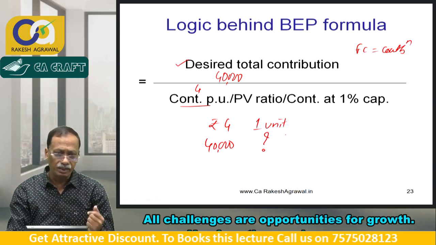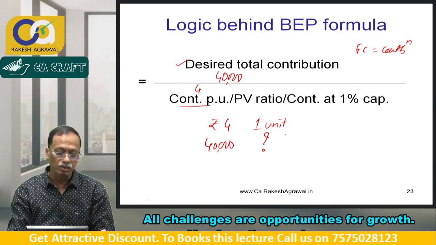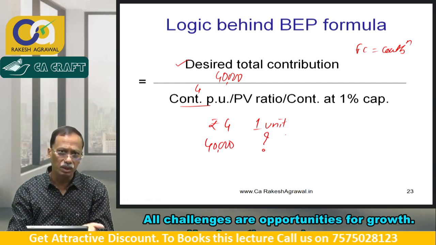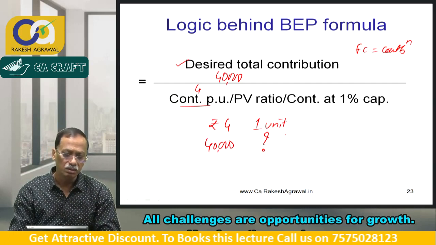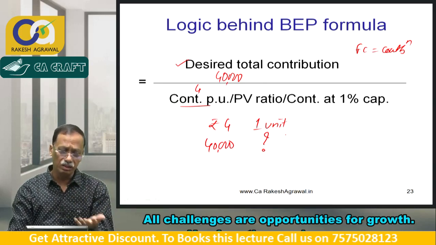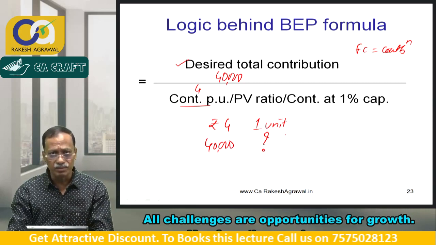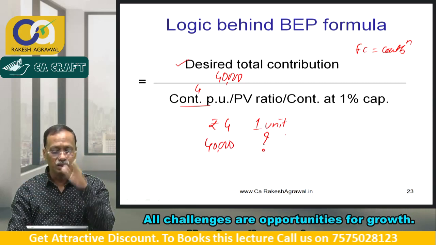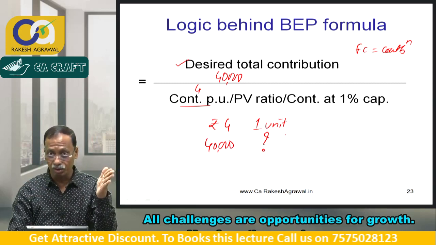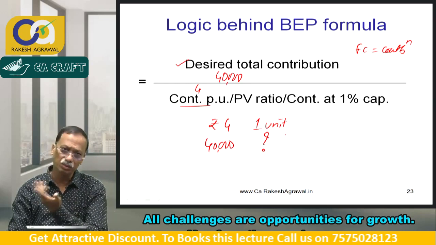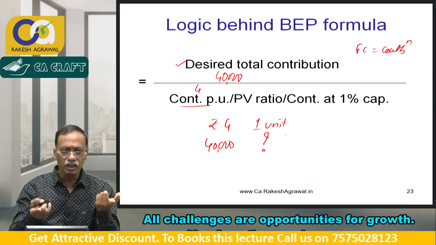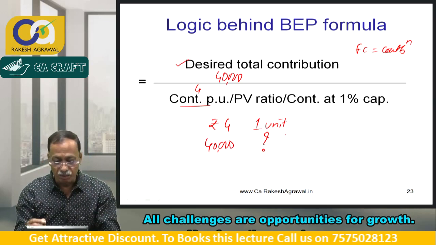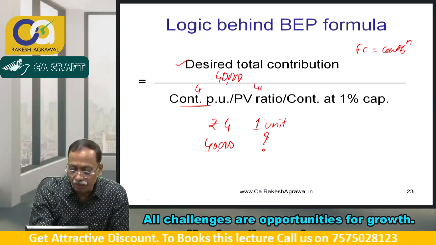If you solve it mathematically using cross multiplication, the formula will become 40,000 divided by 4, and that is the formula of your BEP. That is how the formula is derived. Even otherwise you can calculate it mathematically. To earn 4 rupees contribution, you sell 1 unit, so to earn 40,000 rupees desired contribution, which is nothing but fixed cost, how many units do you have to sell? Automatically you will get the answer. Now, let us see PV ratio 40%. 40% means 40 upon 100.